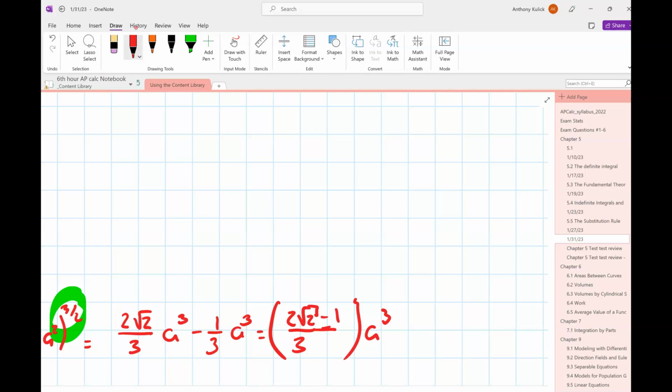Is that what the back of the book said? Let's look. The back of the book is in there. Let me just pop that in. Odd Answers, Chapter 5. 65 is, oops, that was the review. Yeah, okay.